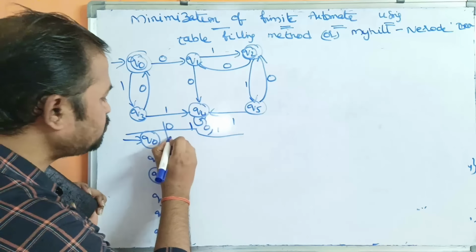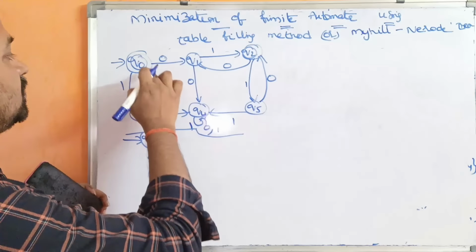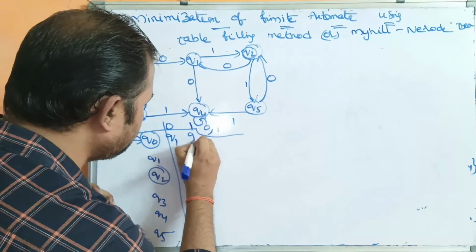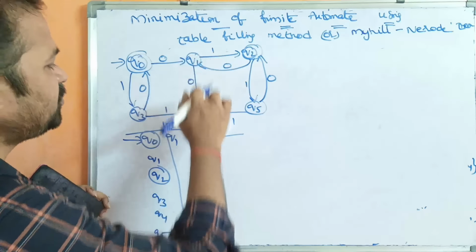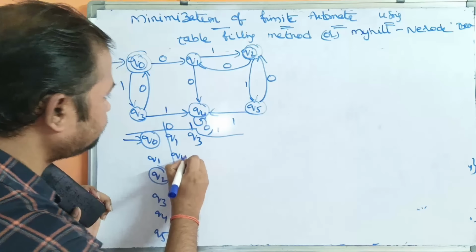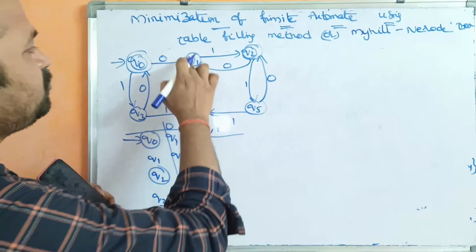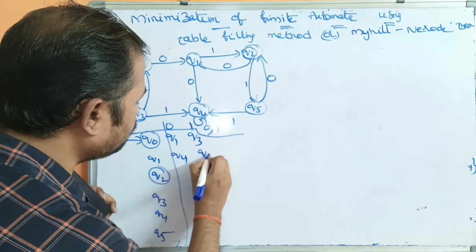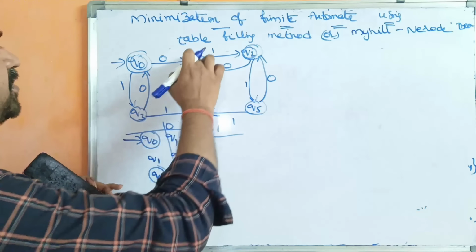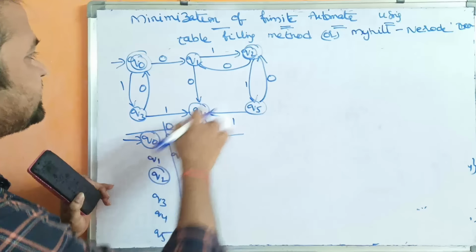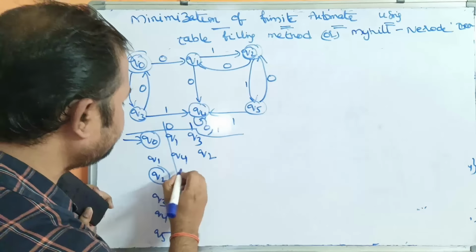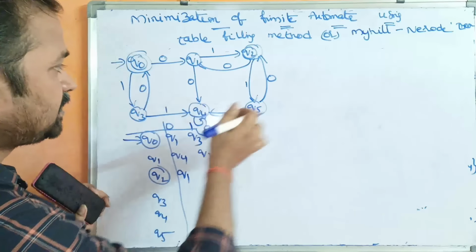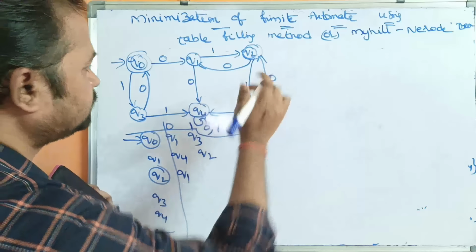Q0 on 0 goes to Q1. Q0 on 1 goes to Q3. Q1 on 0 goes to Q4. Q1 on 1 goes to Q2. Q2 on 0 goes to Q1. Q2 on 1 goes to Q5.